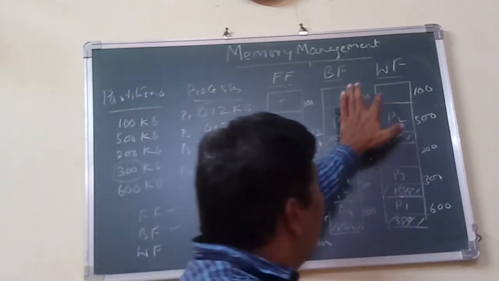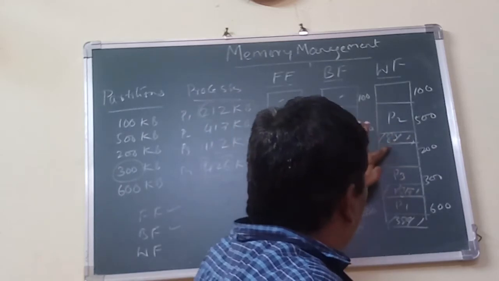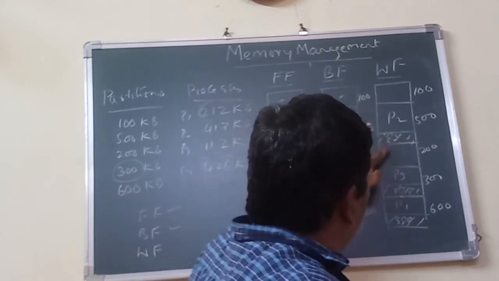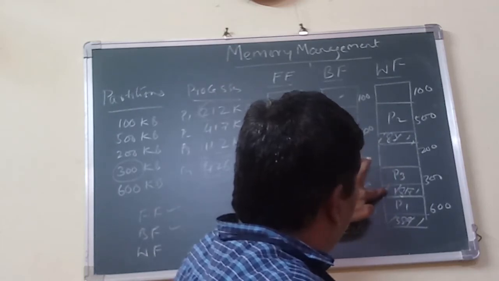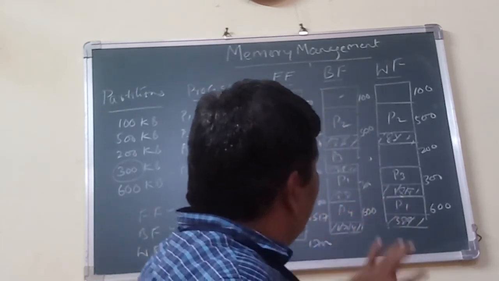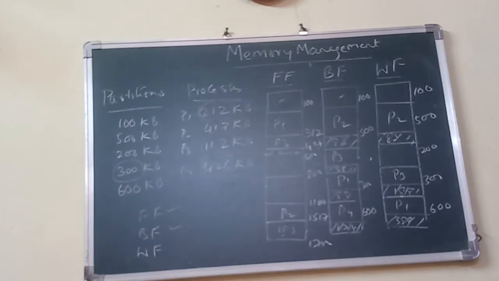So here we have a partition of 100, here a partition of 83, here a partition of 200, here a partition of 188, and here I think it is 388, right?